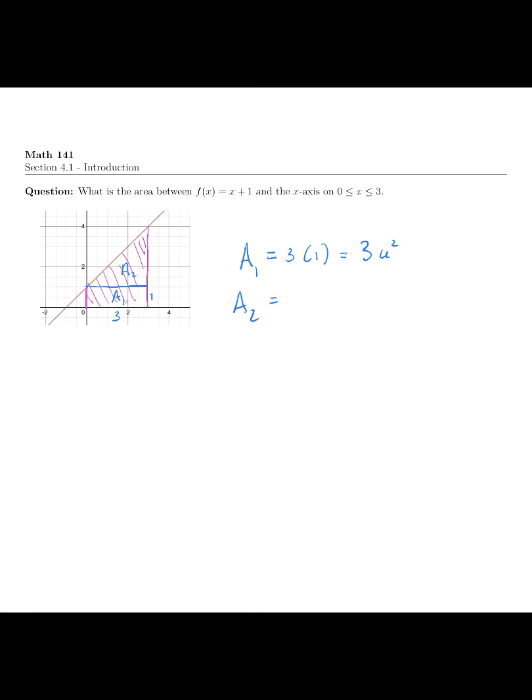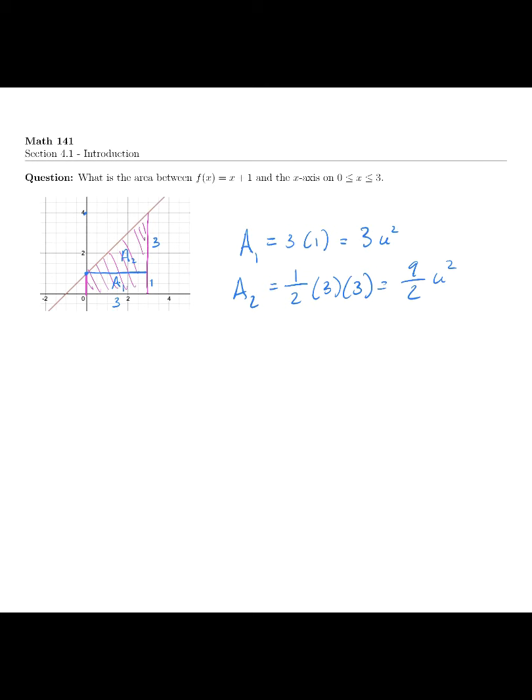And it goes from 1 up to 4, so it is also 3 units tall, and it's a right triangle, so its area is 1/2 times 3 times 3, or 9/2 units squared. So if we add area 1 and area 2, we get the total area. It's 3 units squared plus 9/2 units squared, which is 15/2 square units.